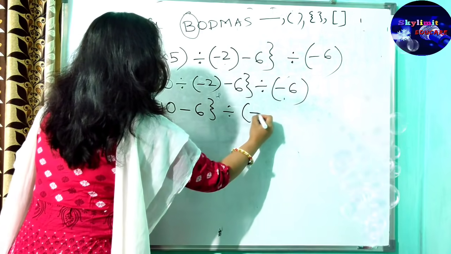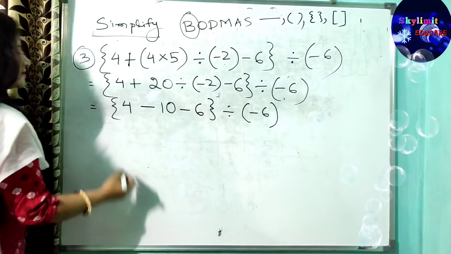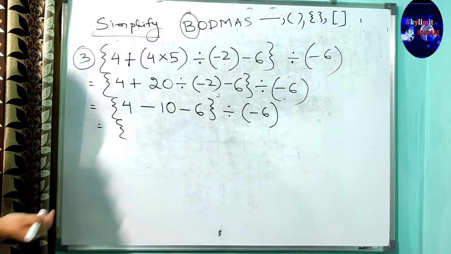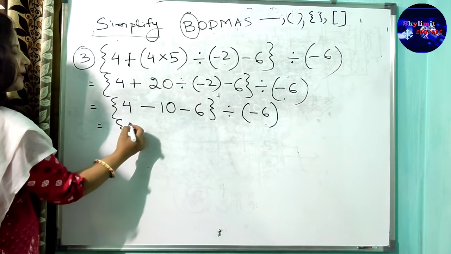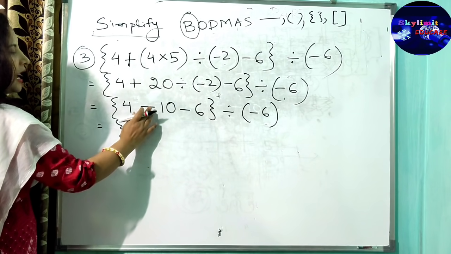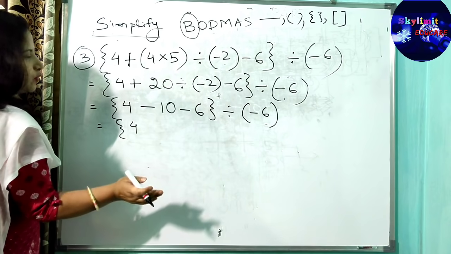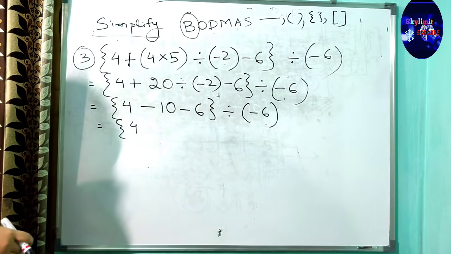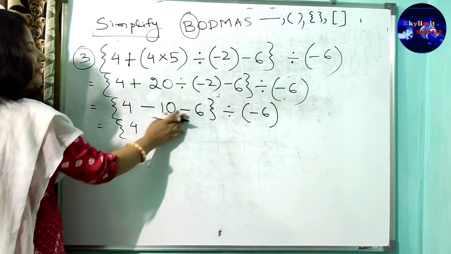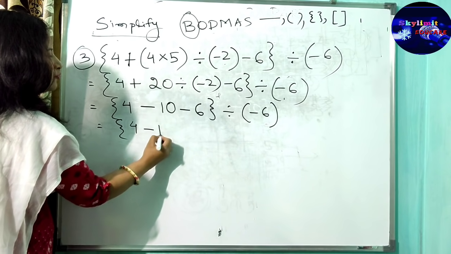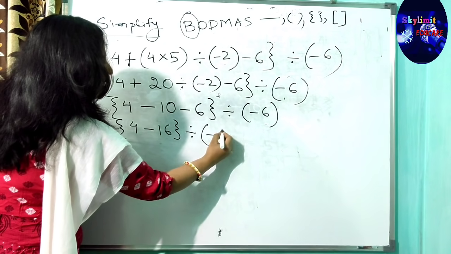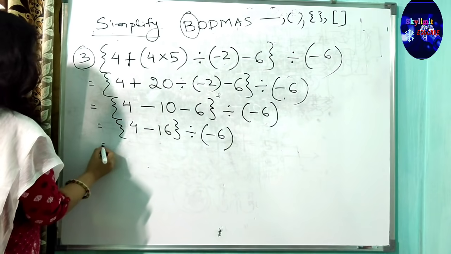divided by minus 6. Now, inside the bracket you can solve it in this manner. You see this is positive 4. I am just writing it down. Positive 4. I have here minus 10, minus 6. So what I do here, these both are negative. I told you the rule number 3 of addition subtraction. Both are negative. Add and give negative sign. So 4 minus 16 divided by minus 6.